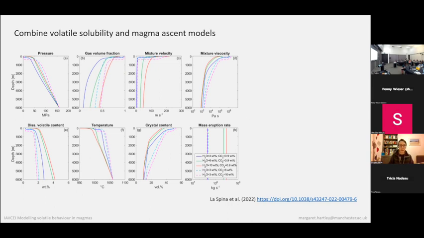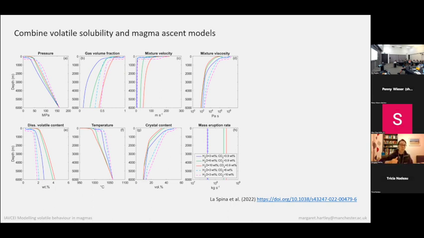The model is starting at a depth of 6 kilometers, and at each increment of pressure, it is computing the gas volume fraction, the velocity of the mixture, the viscosity of the mixture, the dissolved volatile content, the temperature, and the crystal content.